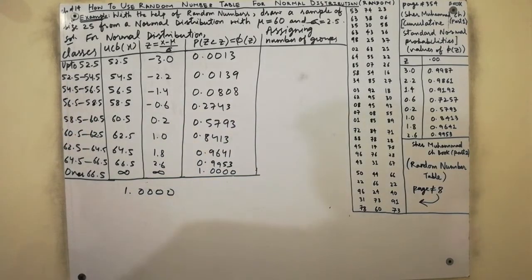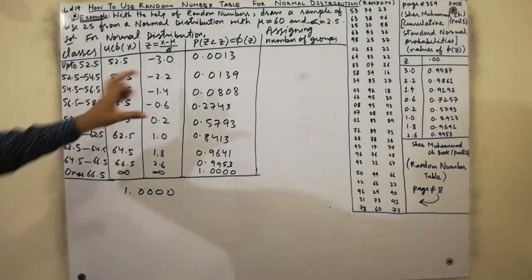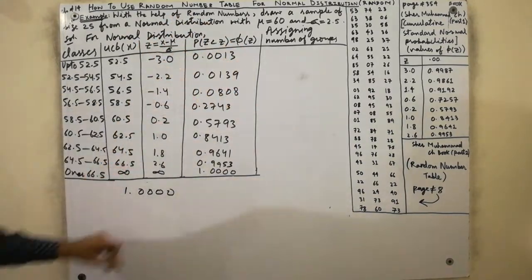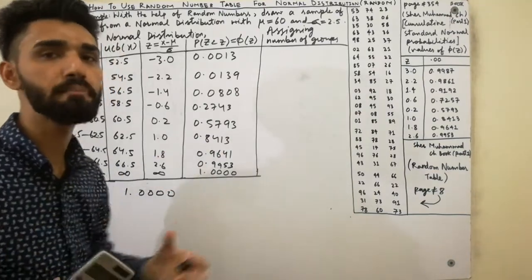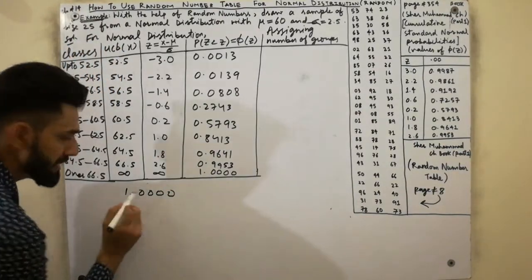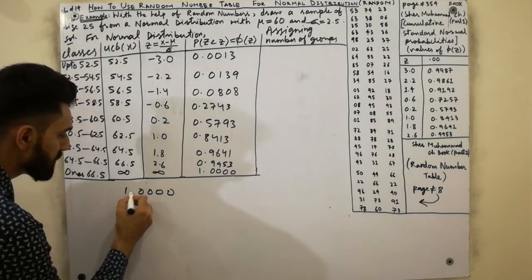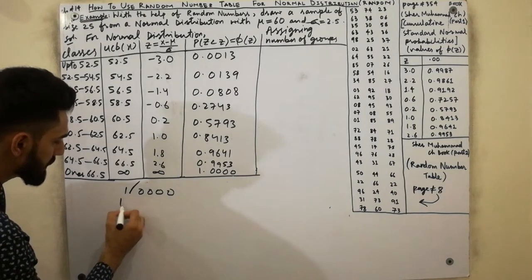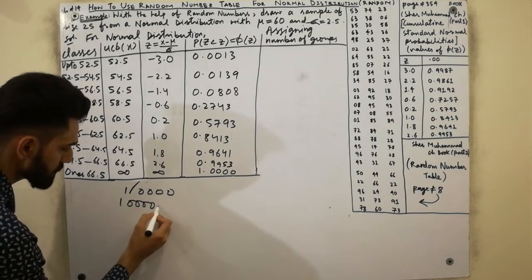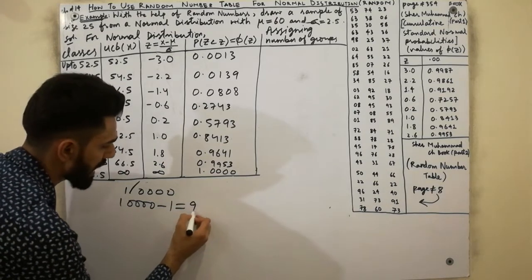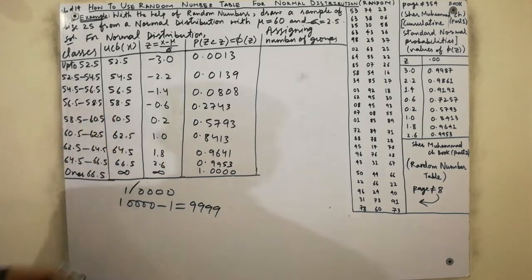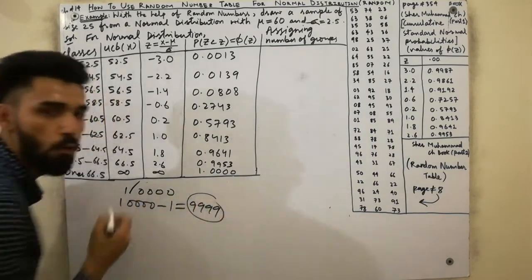I am telling you the secret and key points for how to use the random number table and how to assign numbers to groups. Now we neglect the decimal. We get 10,000 minus 1 is equal to 9999, which shows that these are 4 digits.